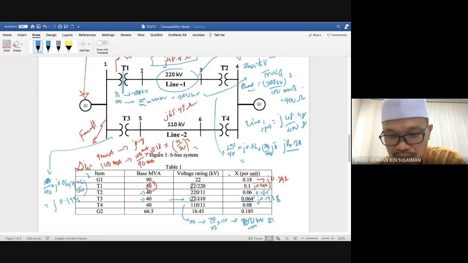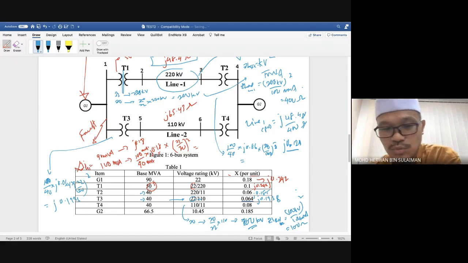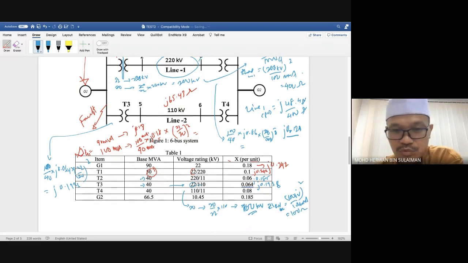So you kena cari Z base line 2. Line 2 dia ialah 100 kV square divide by 100 MVA. Berapa dapat? 100 ohm kan? 100 kuasa 2 bagi 100. So dapat 100 ohm. So you dapat you punya Z line 2 per unit J 65.43 bagi 100.